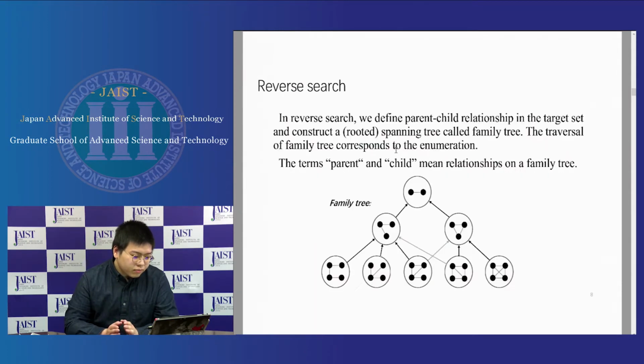Since we define parent-child relationships, we define a unique relationship in the target set, and we construct a unique family tree as a spanning tree. Then the traversal of the family tree corresponds to the enumeration.